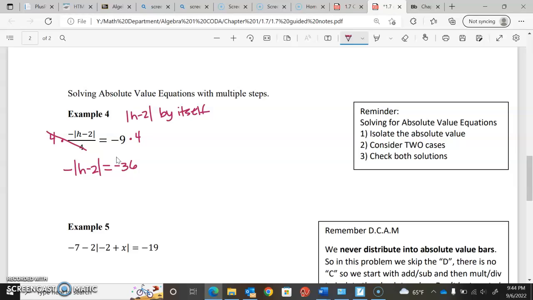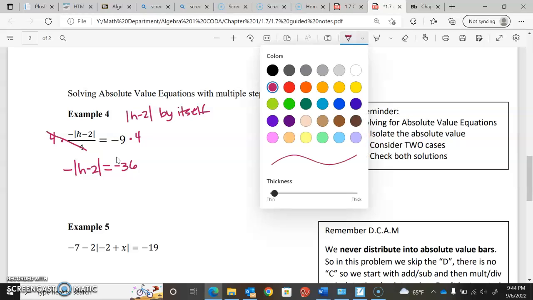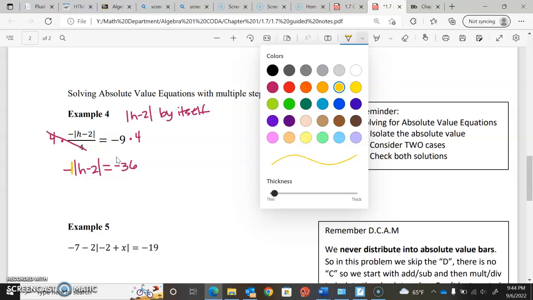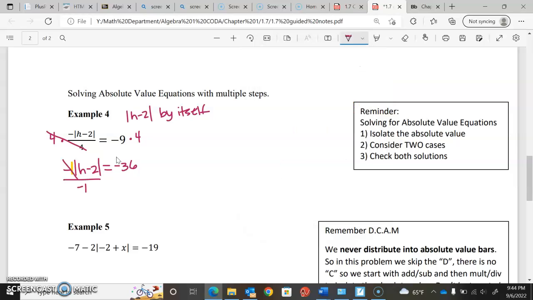And then this negative out front. Remember, anytime we see a negative in front of a variable or in front of parentheses, you can think of it as a negative 1. Even though we don't write the 1, it's negative 1 times the absolute value of h minus 2. So we're going to divide both sides by negative 1.